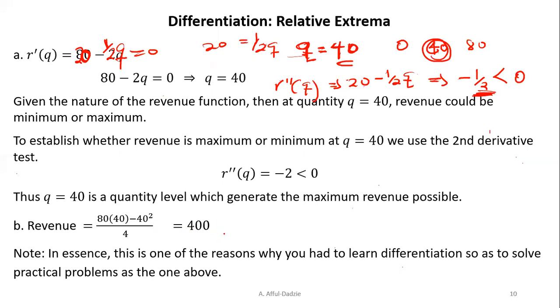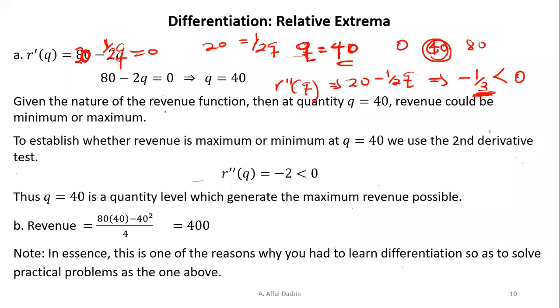There are more questions ahead that we're going to solve. Are there any questions so far? So this is the trick, this is just the rule. When you're given the question, the first thing to do is take the first derivative. You take the first derivative, equate it to 0, and solve for the unknown variable, like we have done here.